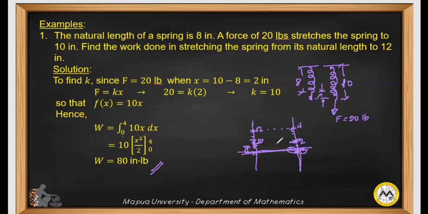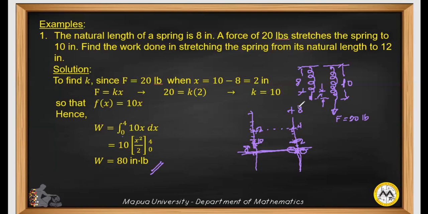Now, if we are asked to find the work done in stretching the spring from the natural length to 16 inches. So if this is 12, up to 16 inches will give us 4 more, no? So this is 12, 14, 16. So equivalently, we will have plus 4. This will give us 8.